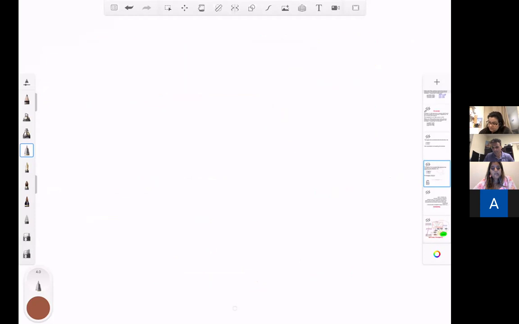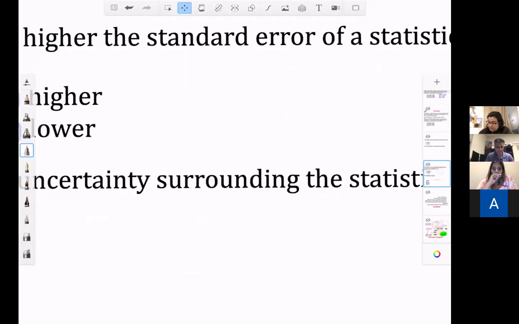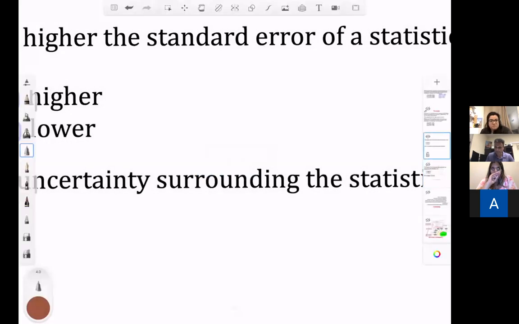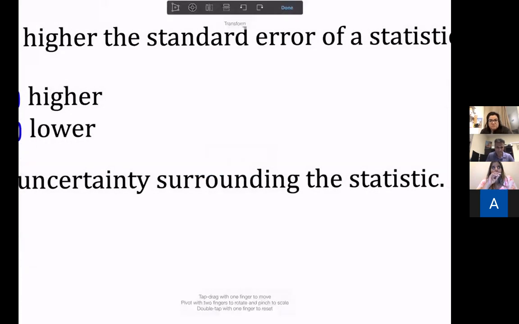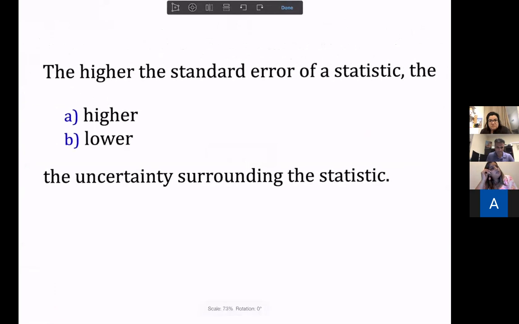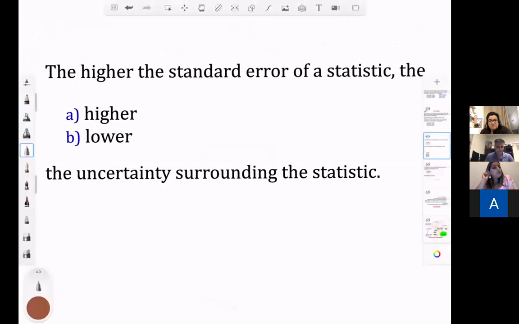Let's have another one. The higher the standard error of a statistic, the higher or lower the uncertainty surrounding the statistic?